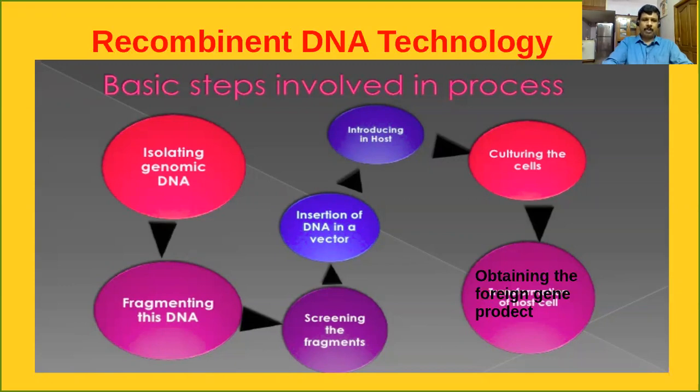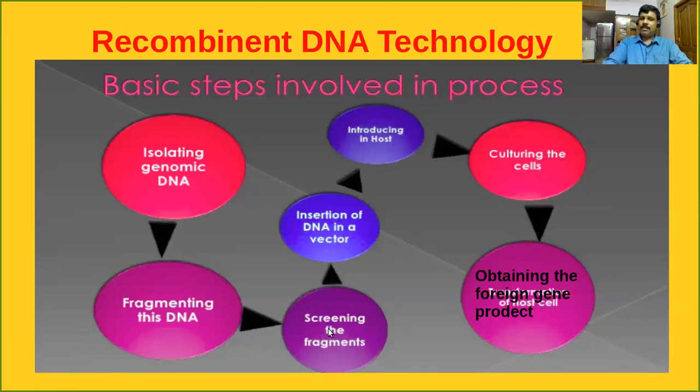The first step, that is the isolation of DNA. You remember we have discussed the topic based on an example, that is insulin production. So the first step is the isolation of genomic DNA. Second, the fragmentation of DNA by using restriction enzymes.